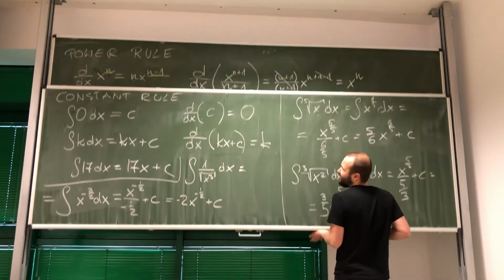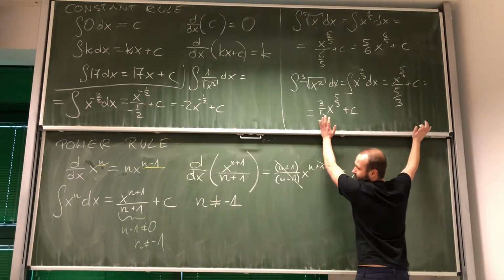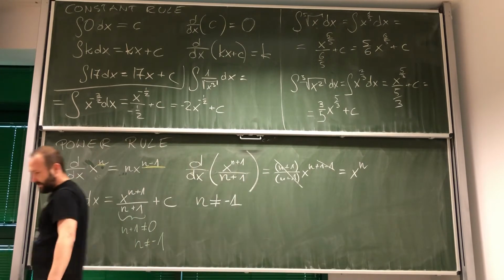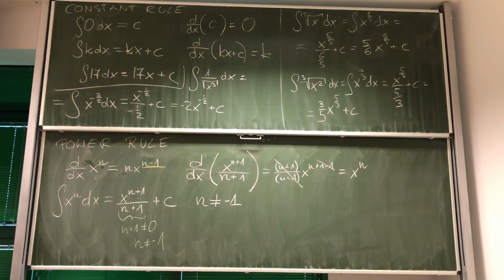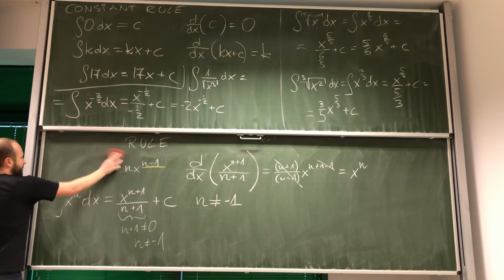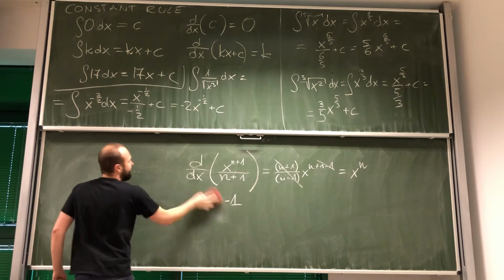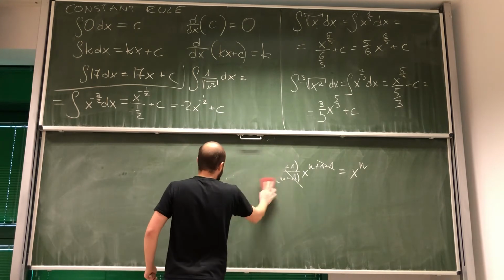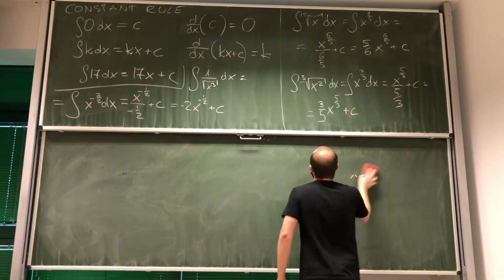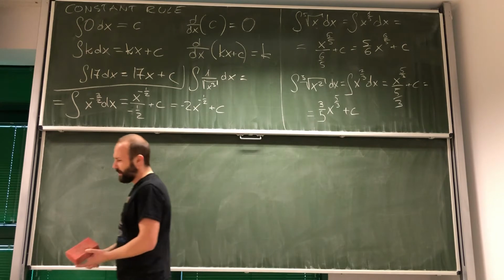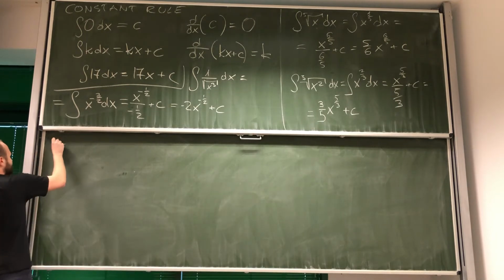Okay. So now that we've got the power rule down, we can move to the next rule. The next rule is the exponential rule, but of course here we will have a couple of them. So let's call them exponential rules.